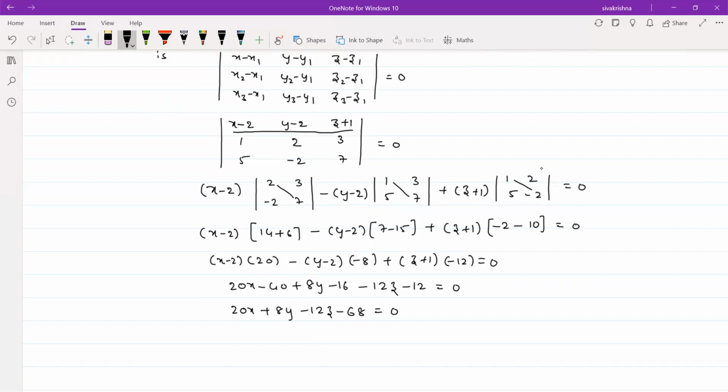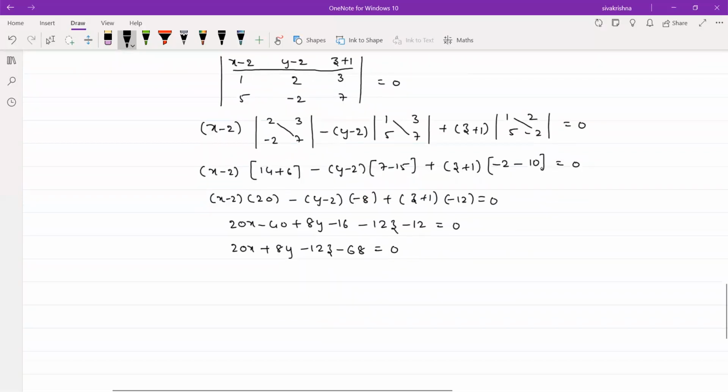Okay. From this equation we have to cancel 4 from all the terms. So if you take 4 common, we get 4 into 5x plus 2y minus 3z minus 17 is equal to 0. So this implies we get finally 5x plus 2y minus 3z minus 17 is equal to 0.